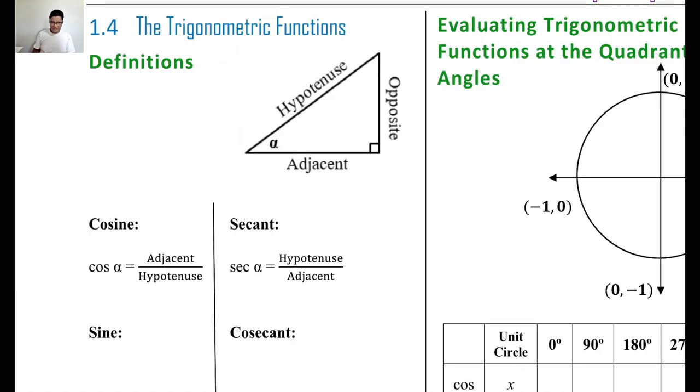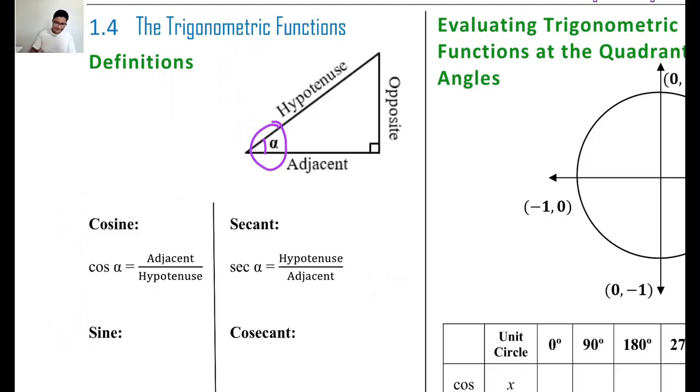The triangle, a picture is given there, a typical right triangle, and you take one of the acute angles. Say this one here, call it alpha. Now, with reference to that angle, that is important.